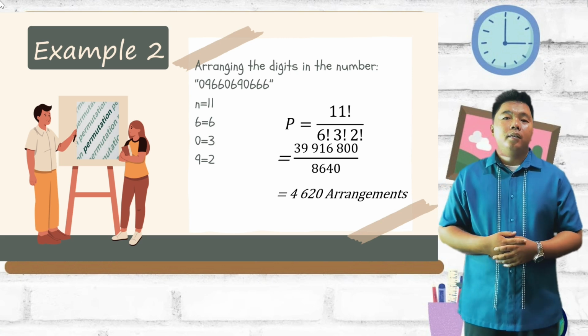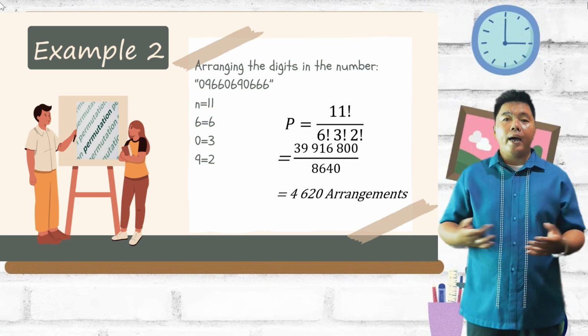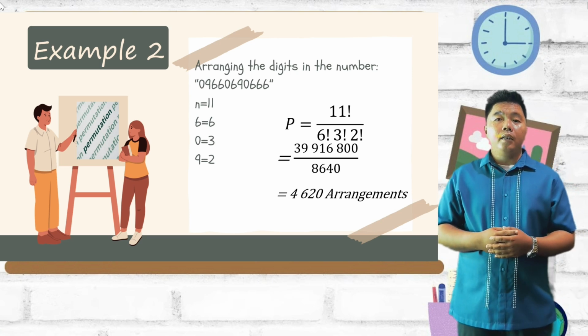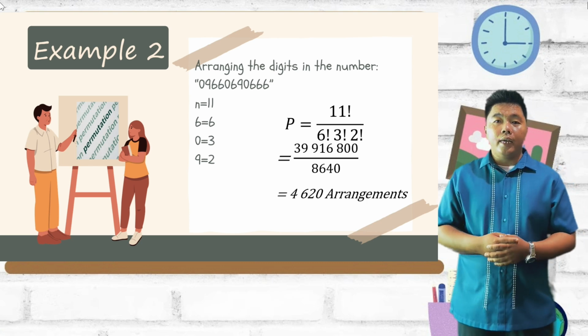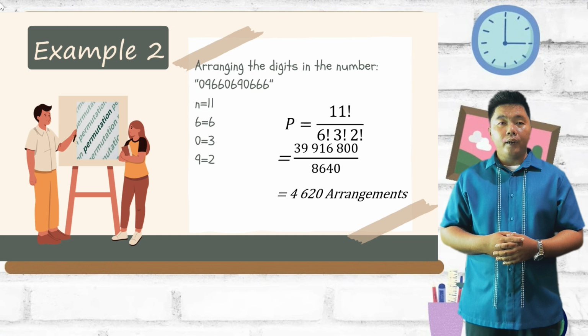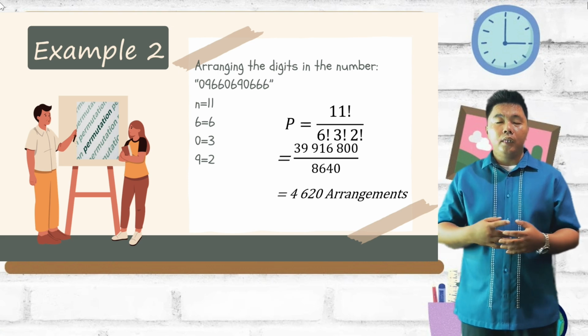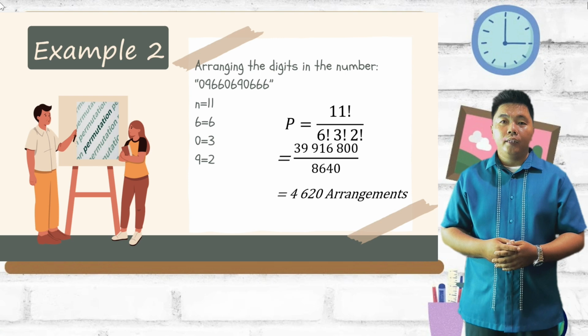So 6 plus 3 plus 2 is the same as 11. Let's simplify. 11 factorial is equal to 39,916,800, while 6 factorial times 3 factorial times 2 factorial is equal to 8,640.